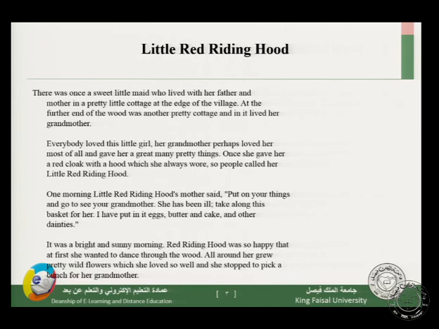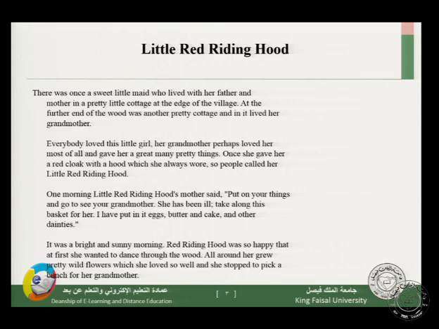And along the way to her grandmother, she meets a big bad wolf, which is a wild animal that would eventually eat her grandmother.